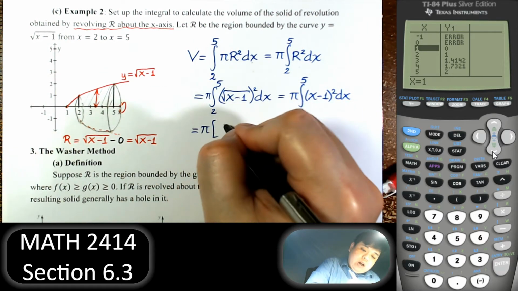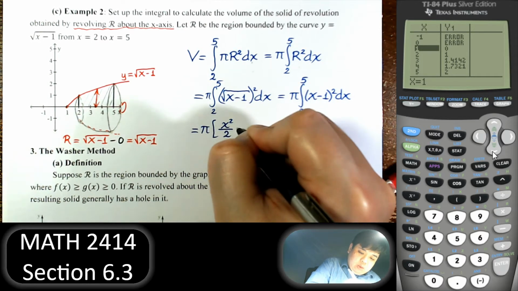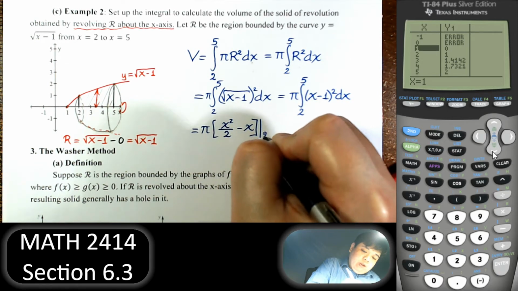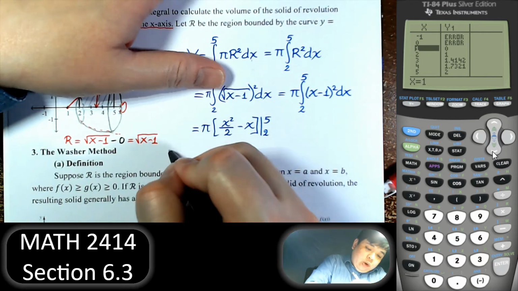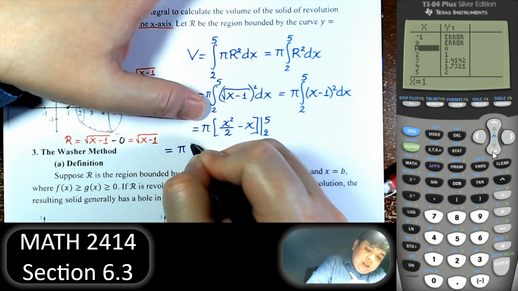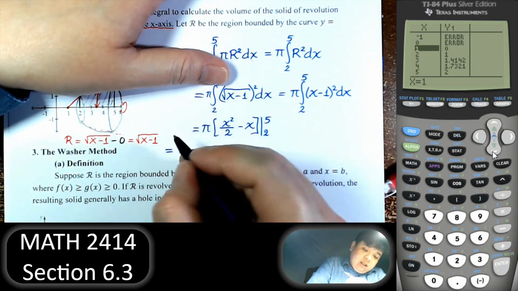Integral of x minus 1 is x squared over 2 minus 1. Integral of 1 is x. Going from 2 to 5. Right. So we're going to keep the pi out of it. And first we're going to put 5 in for x.